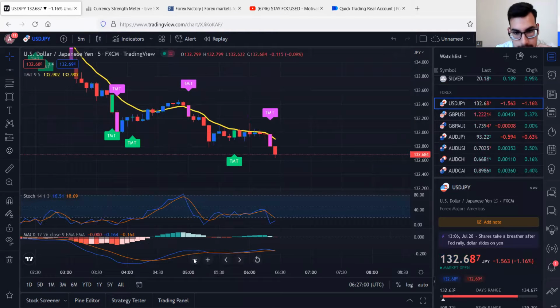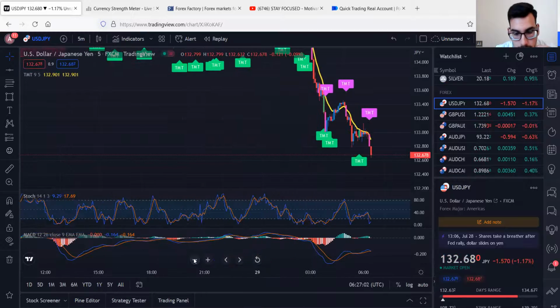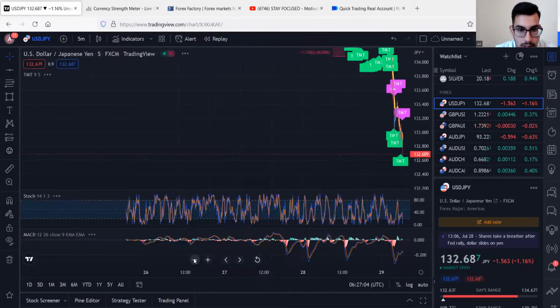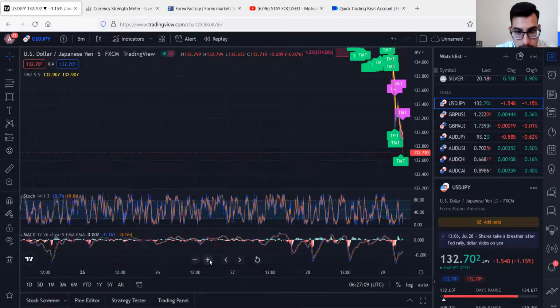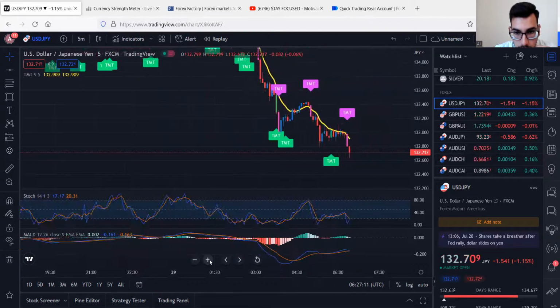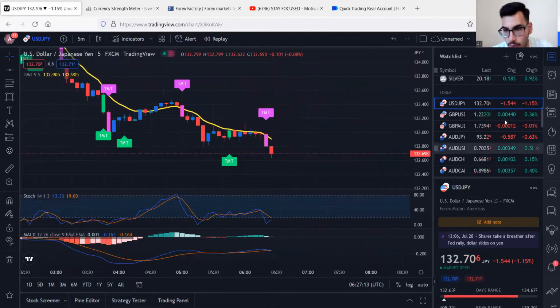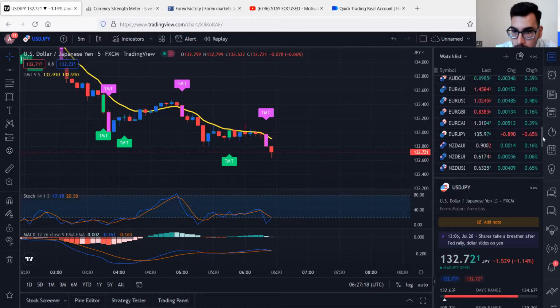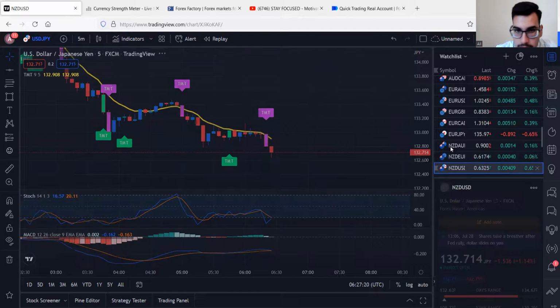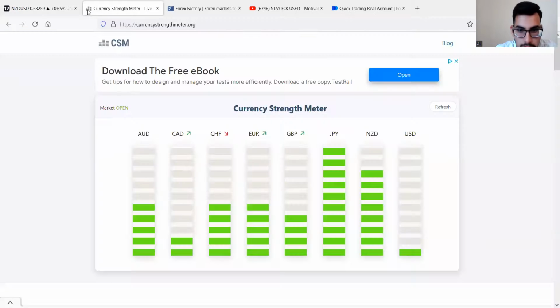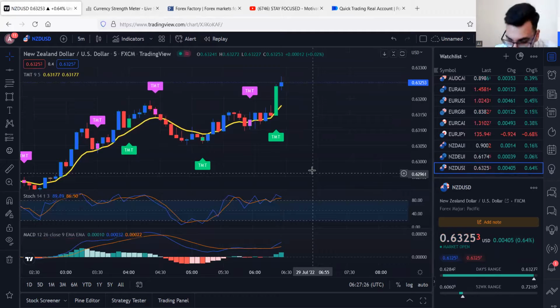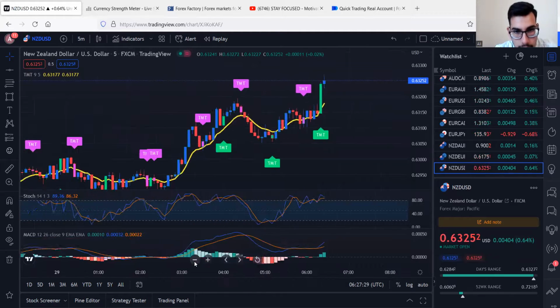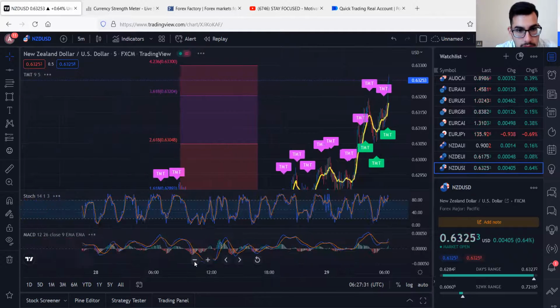That's the problem here. I can't seem to find the support resistance for it. So for now, I would avoid USD JPY. Instead, I would look at NZD USD. And that market would be bullish. Let's look at an area for NZD USD.